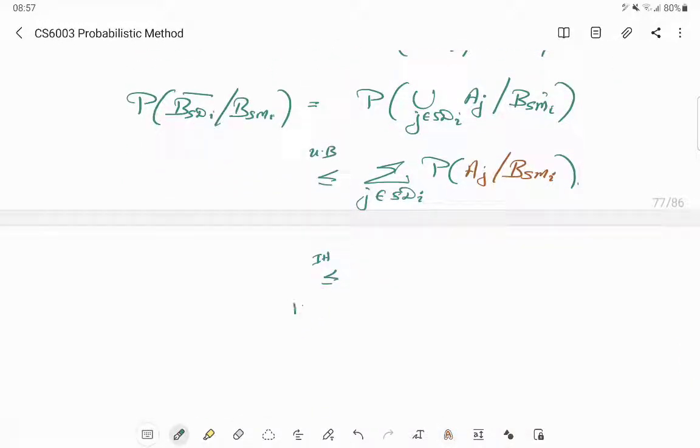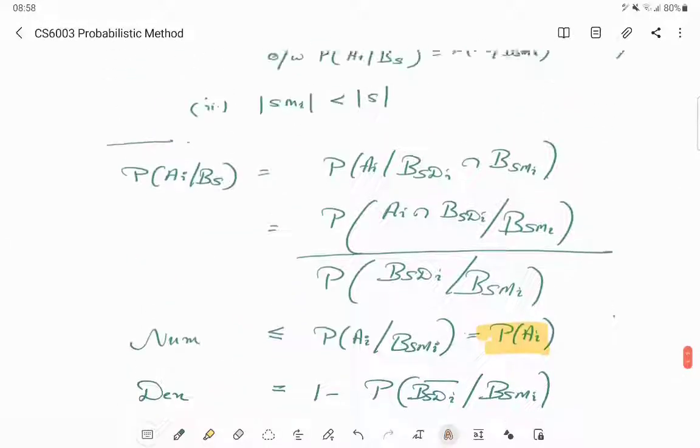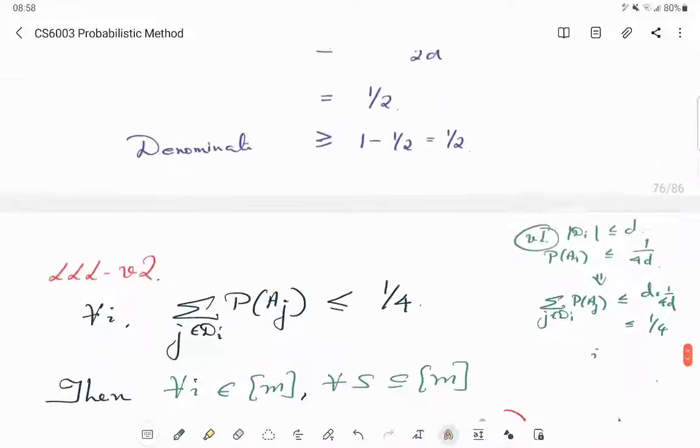Remember that your SMi is less than size of S, so this induction hypothesis will apply, and I can upper bound each of these terms with twice P of Aj. Okay, remember. So now this is nothing but 2 goes out. So now do you realize what this is? Yeah, this is exactly part of the hypothesis of our V2.